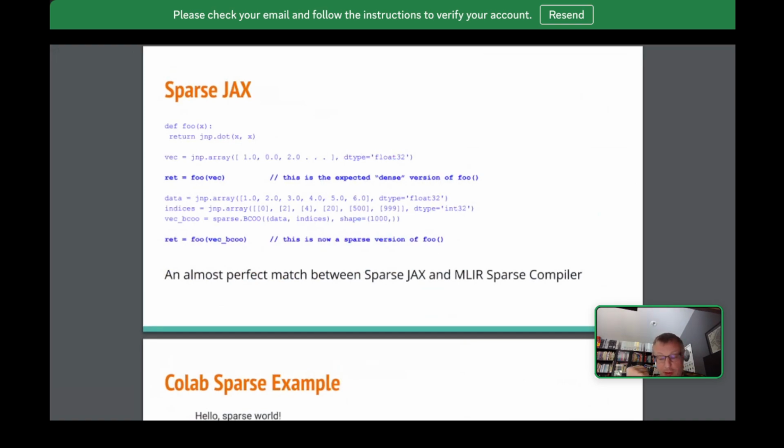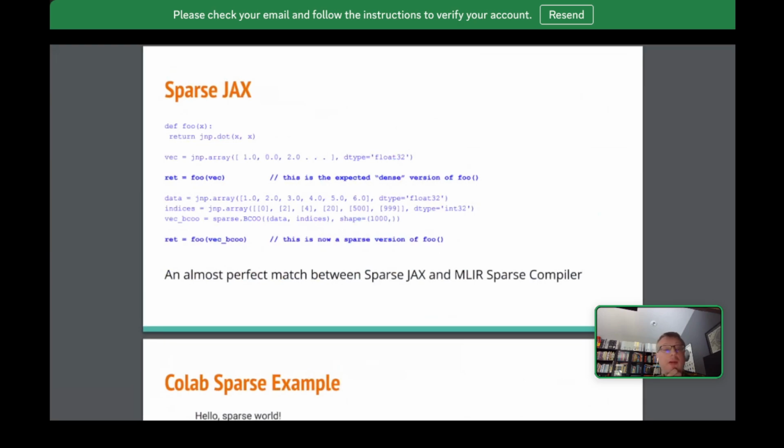It supports transformations such as batching, jitting, but also taking the gradient of code. That's all the stuff that you like from an ML framework, JAX. But then SparseJax extends that to allow for sparse data structures. So if you have this function foo, which just takes x and then takes a dot product of x.